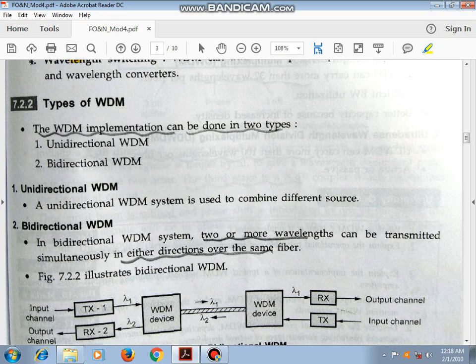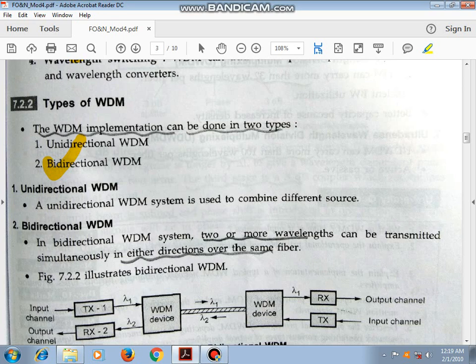You already know the meaning of unidirectional, which means only one way data transmission. Bidirectional means you are able to send the data from both ends. You can send the data from transmitter to receiver and back again to the transmitter end. That type of bidirectional data transmission is possible in this case.